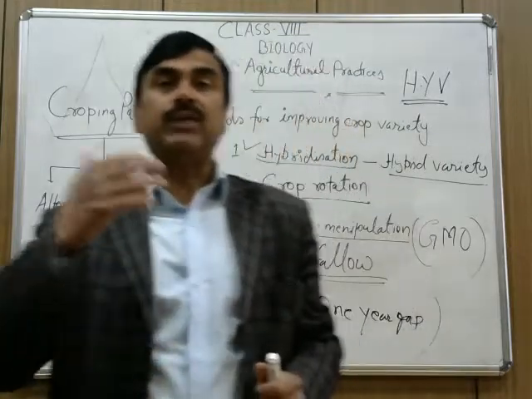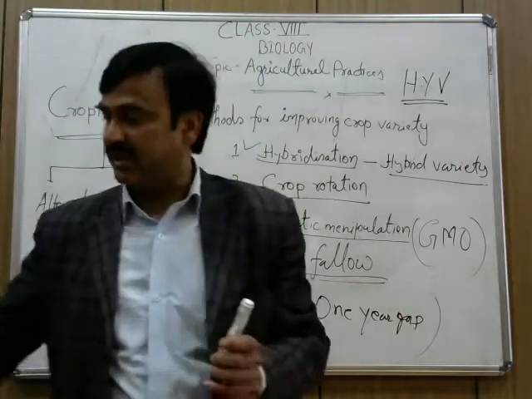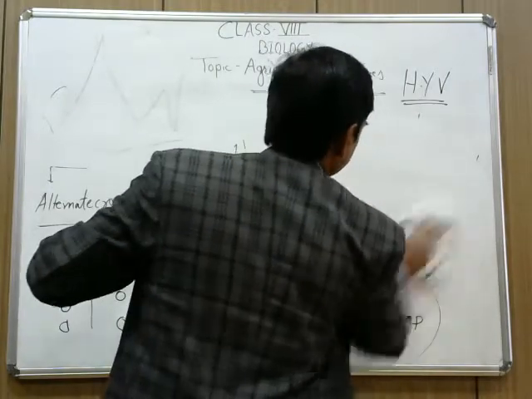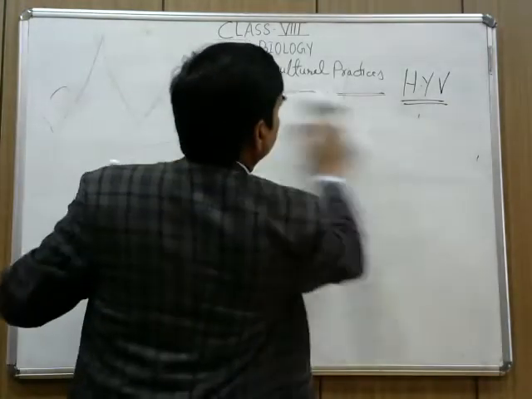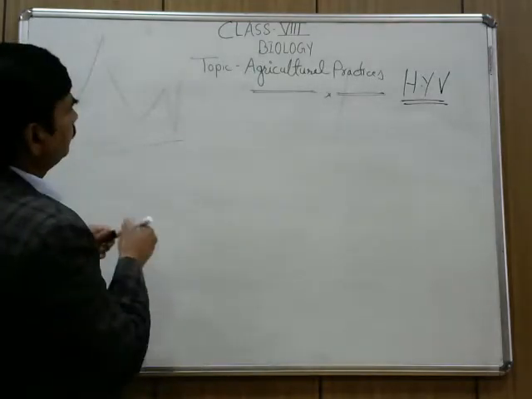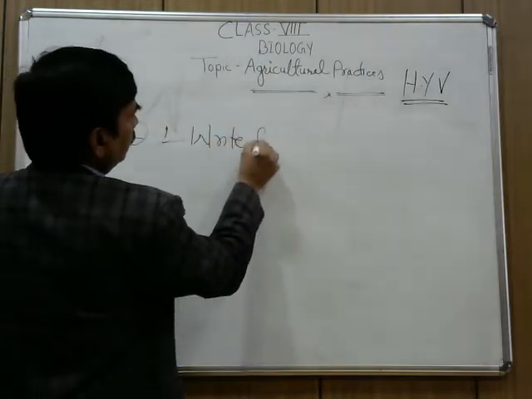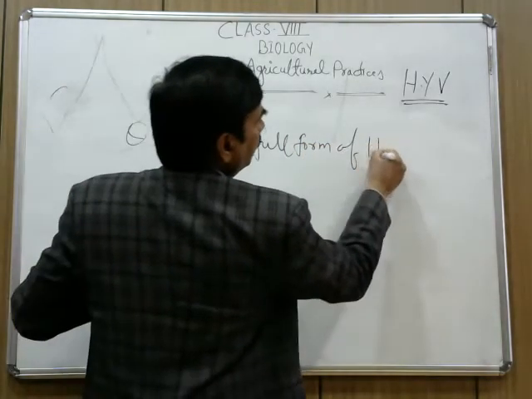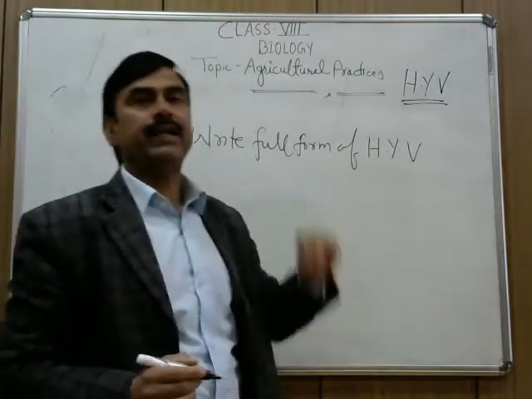Now I am going to give you 5-6 questions for the topic agriculture practices. The first one is write full form of high yielding variety.